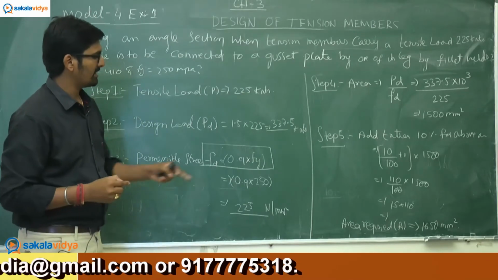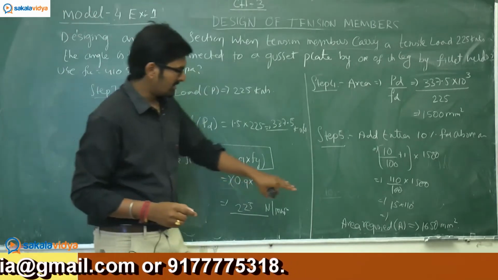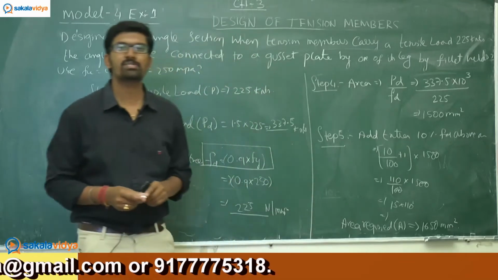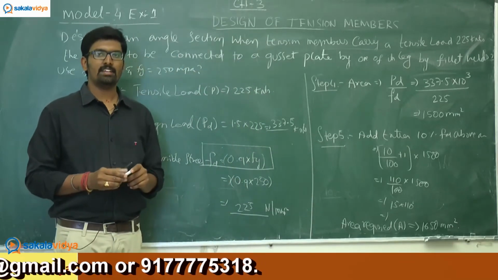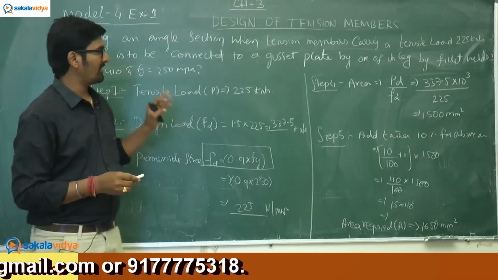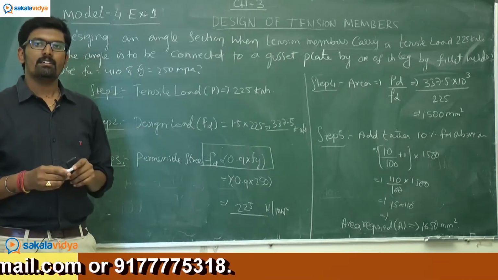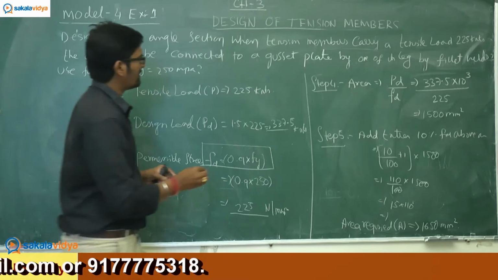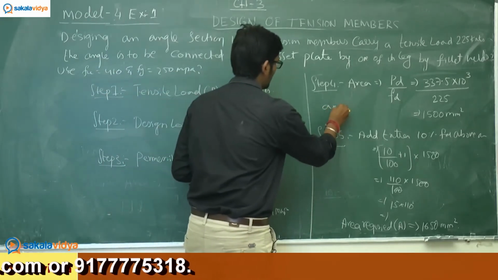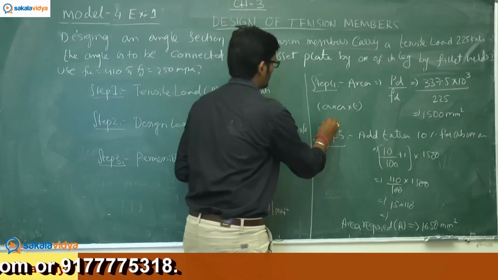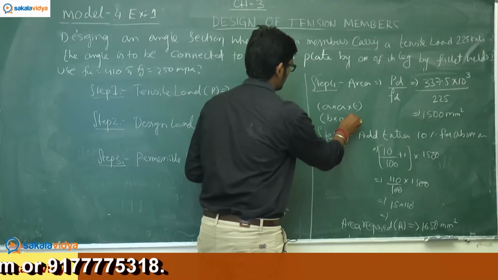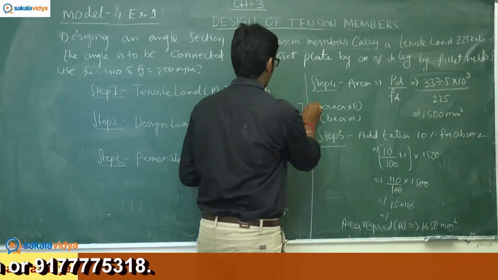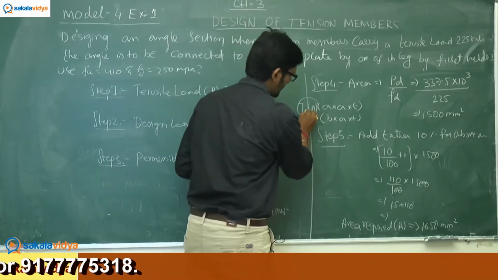After finding this area, based upon it we need to select one suitable angle section, whether equal or unequal. If the question says to choose an equal angle section, we take an equal angle. Equal angle means two sides are equal, whereas in an unequal angle the two sides are not equal. ISA means Indian Standard Angle section.